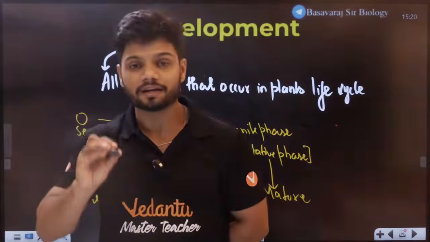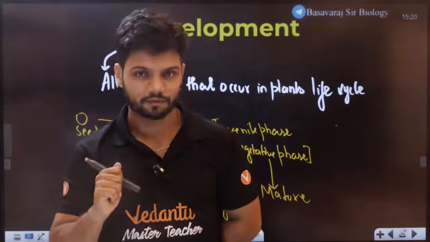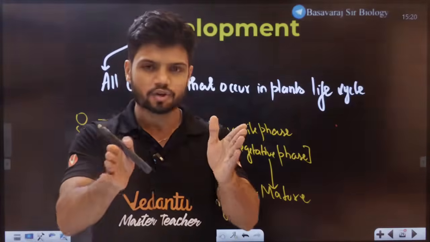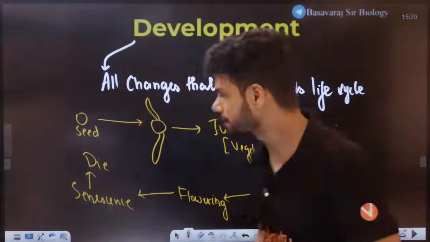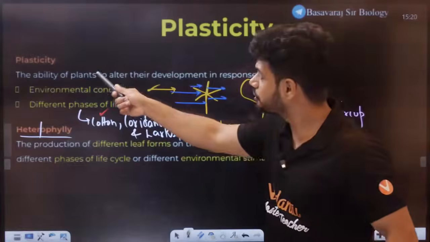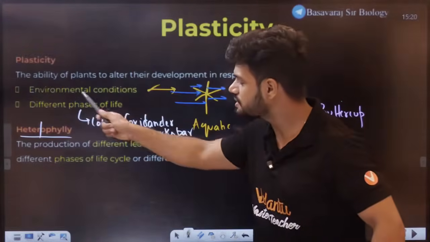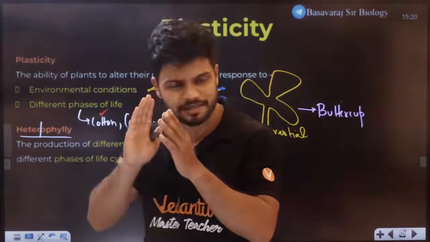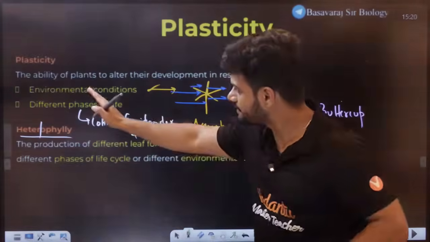Now let's say इस pathway से एक plant deviate हो जाएगा, you become variant, technically. So everyone has a pathway in life. If you move away from the pathway, that is called plasticity. That is the ability of a plant to alter its development in response to environmental conditions and different phases of life. So the plant has a pathway, and it is altering its pathway based on the environment.